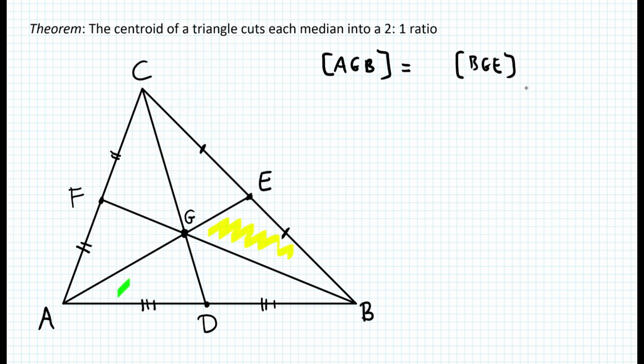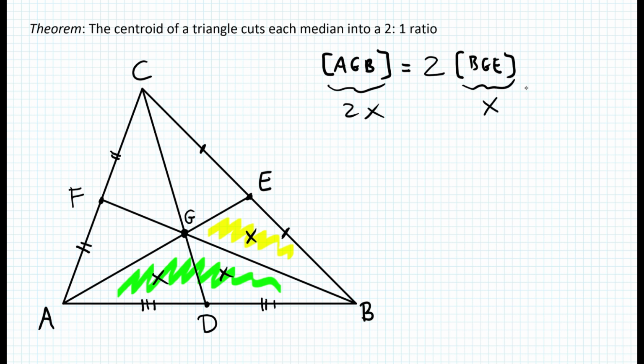There you go. How does it compare with this area? Well, as you can see, since all of them have the same area, let's call it area X, X, and X, we know that the area of triangle AGB is equal to 2 times the area of triangle BGE, okay? It's kind of like saying that this is 2x and just this is x. So you have to multiply the x by 2 to get it equal to, okay?